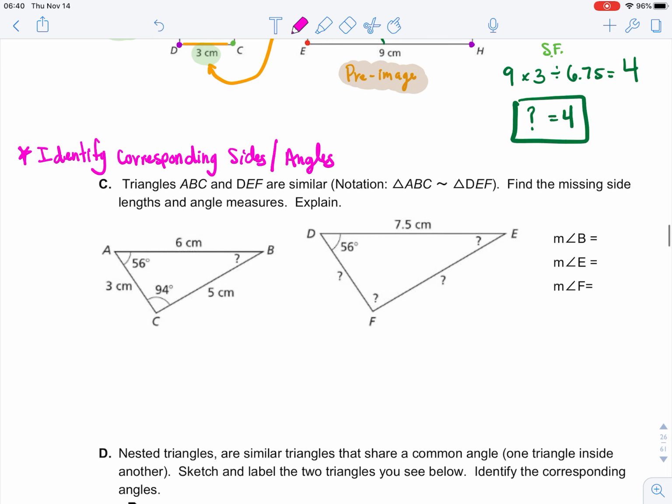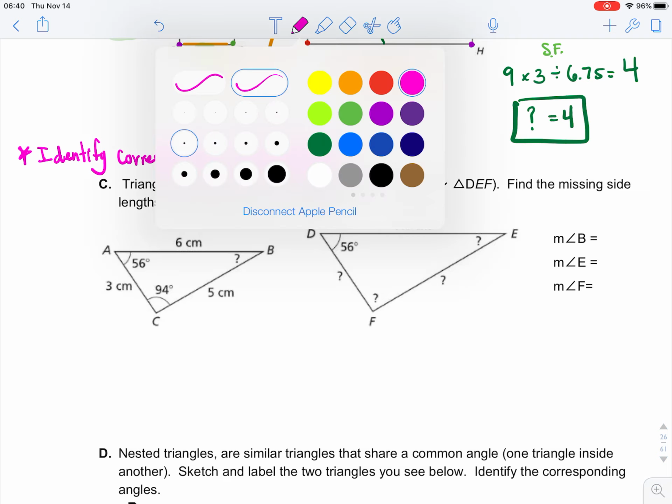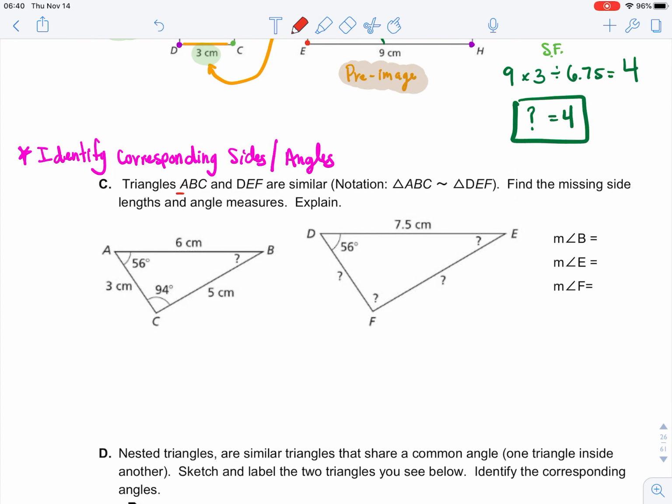All right, so triangles ABC and DEF are similar. Okay, so find the missing side lengths and angle measures. All right, now, again, let's match these up. A and D match.